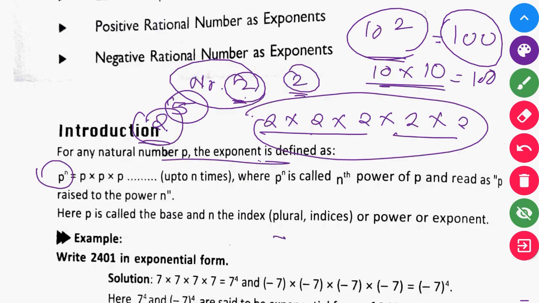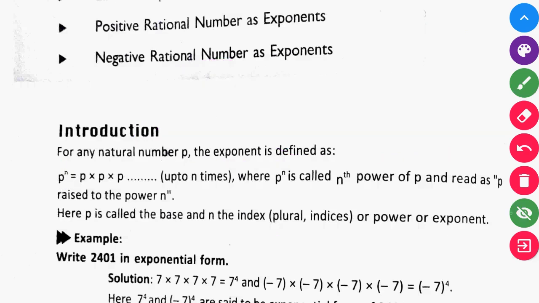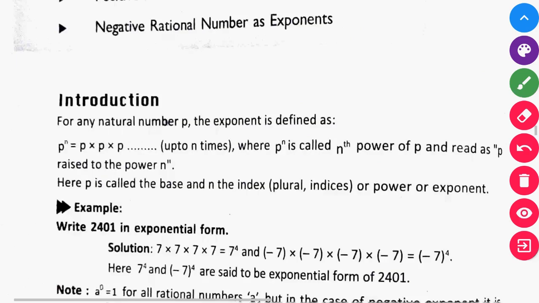If I say 7 raised to 4, then 7 is multiplied with itself 4 times. 7 7s are 49, 49 7s, and whatever answer you get is your answer. So n shows the number of times that natural number is multiplied with itself, and that shows its power. If we multiply p with p n times, then p raised to n is the symbol to denote it.